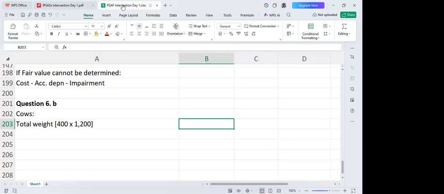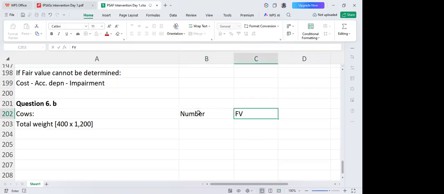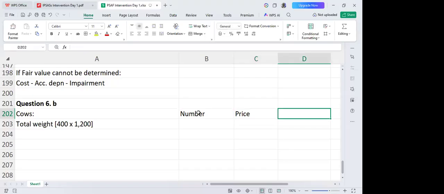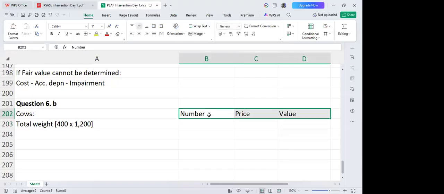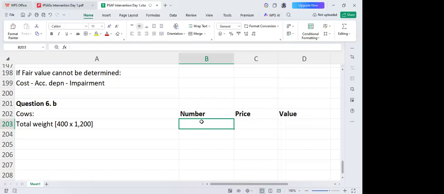So now we know the quantity of beef we can get. This will give us a number, and then we multiply by the fair value price. What's the quantity? 400 by 1,200. What are you going to get? 480,000.